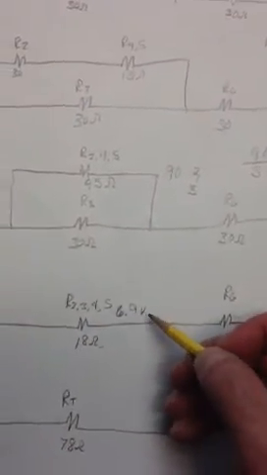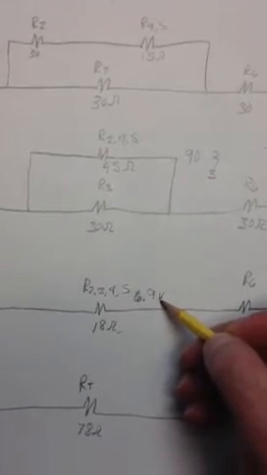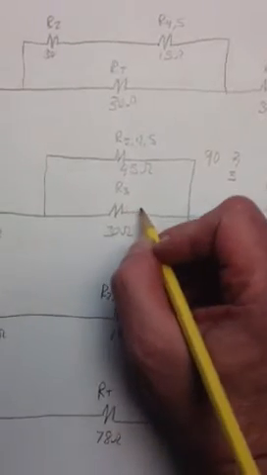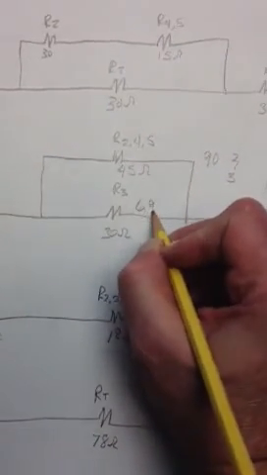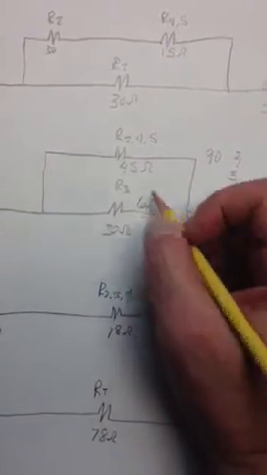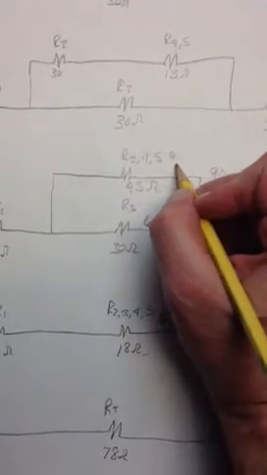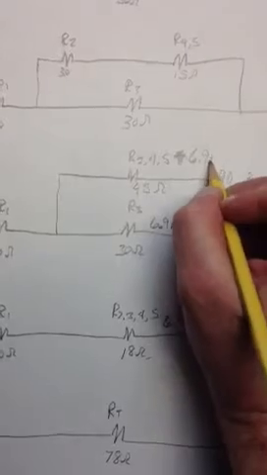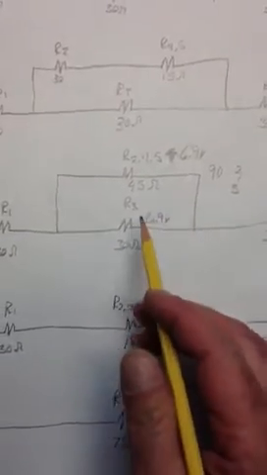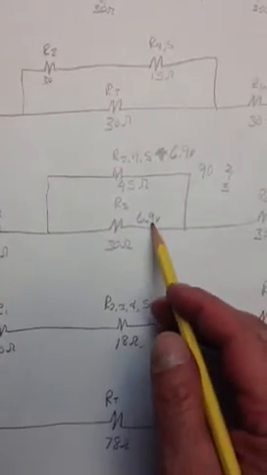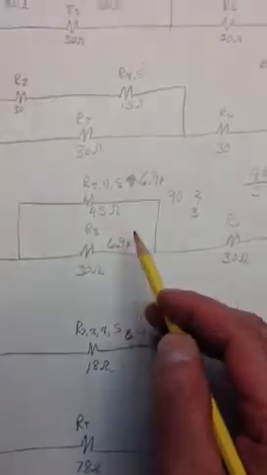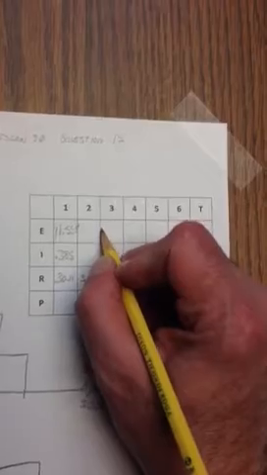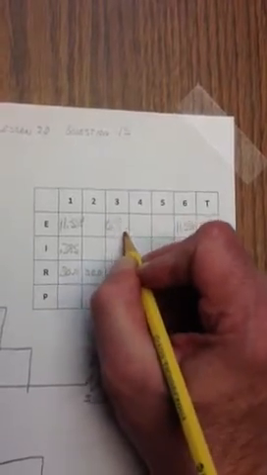So now I can take this 6.9 volts, and since this is representing a parallel up here, that means I've got 6.9 volts here, and I've got 6.9 volts here. Being the R3 is complete, we can take 6.9 and put it up in our chart. So we come over here to E3, 6.9.